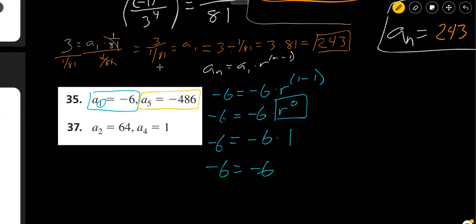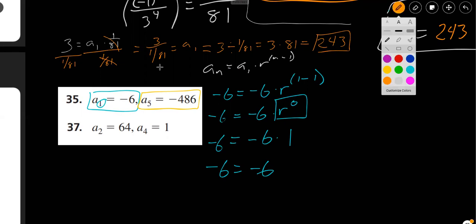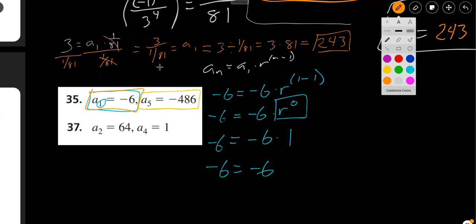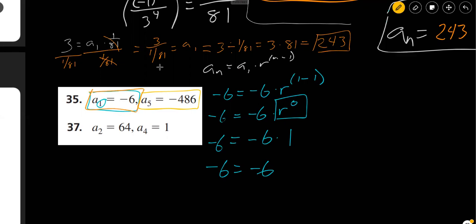But what I can do is go on to the next equation because I actually have my A1 value. It was given to us. It's kind of a strange situation. So I can go to my next equation and plug in what I know there. -486 is equal to my A1 value, which is -6, times my R value to the n minus 1.